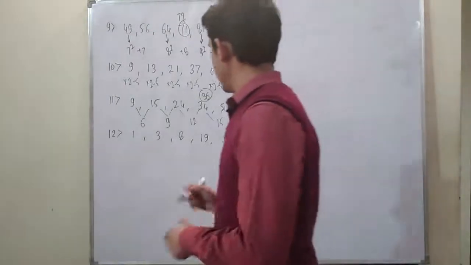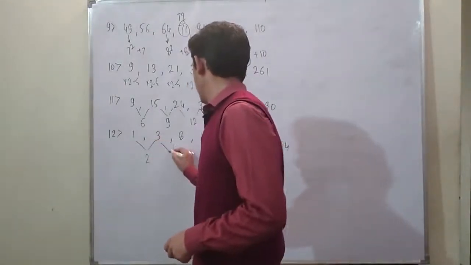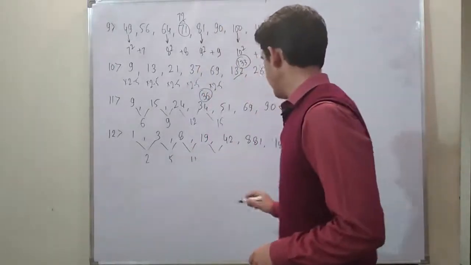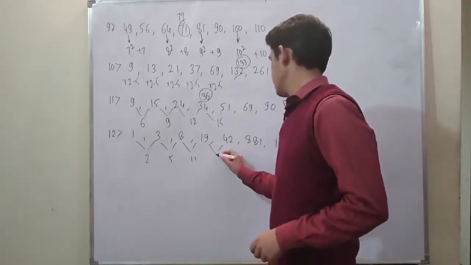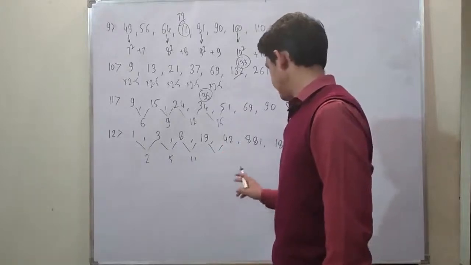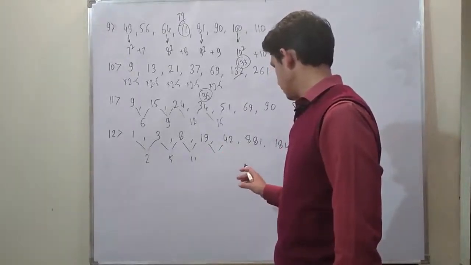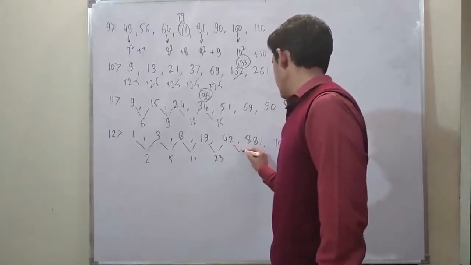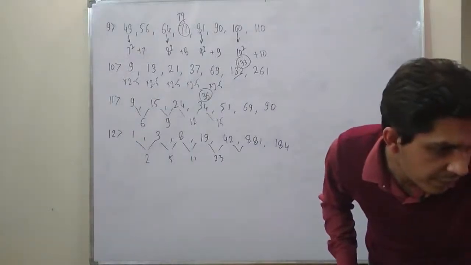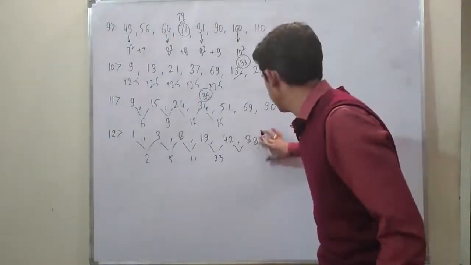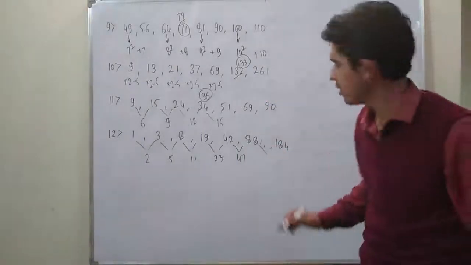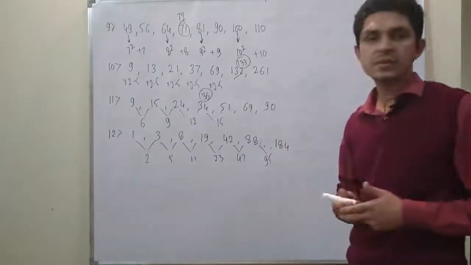If we look at the differences, here it is 2, here we have 5, here we have 11, here we have 23, and here the difference is 47, and here the difference is 95, right?